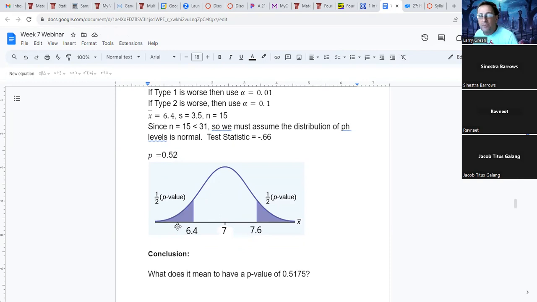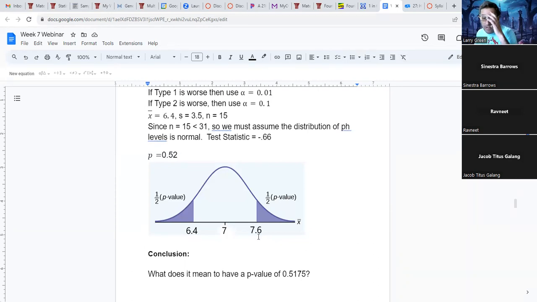Now, if you look at the picture, it's a two-tailed test. Remember, 6.4 is what they found, the average pH for the sample. 7 was the null hypothesis, the pH of pure water. For a two-tailed test, notice 6.4 is 0.6 to the left of 7. If you go 0.6 to the right of 7, you get 7.6.